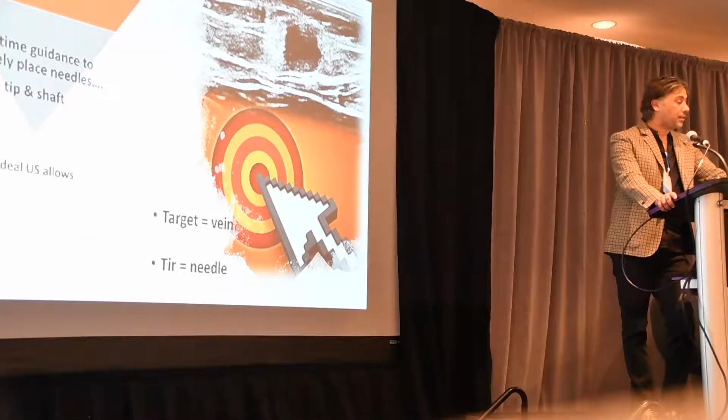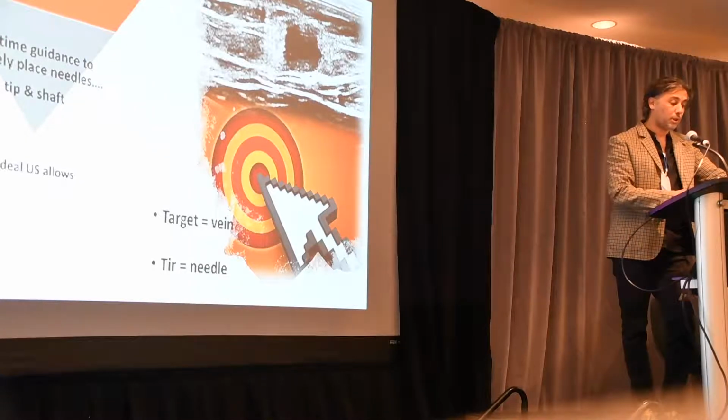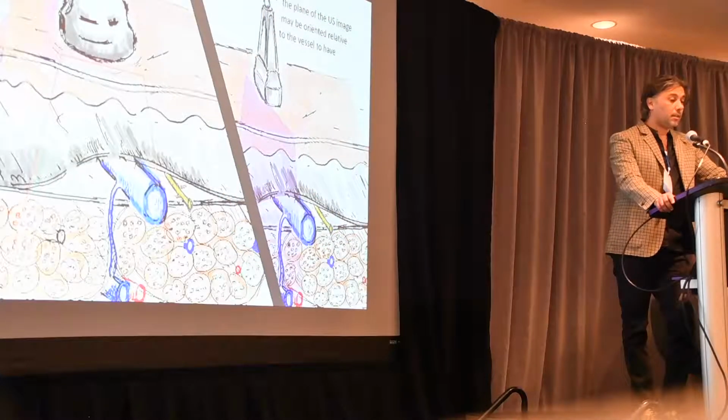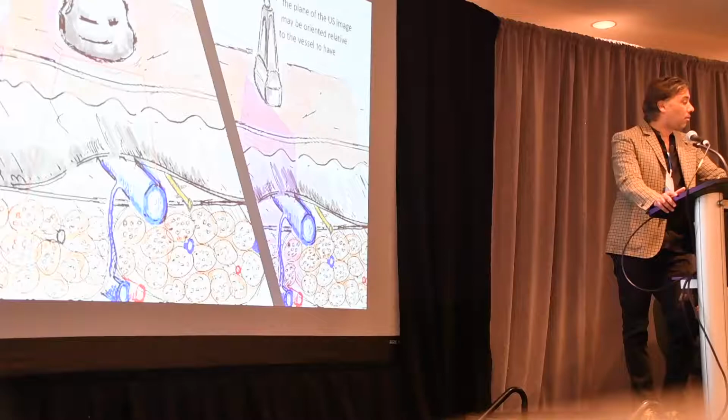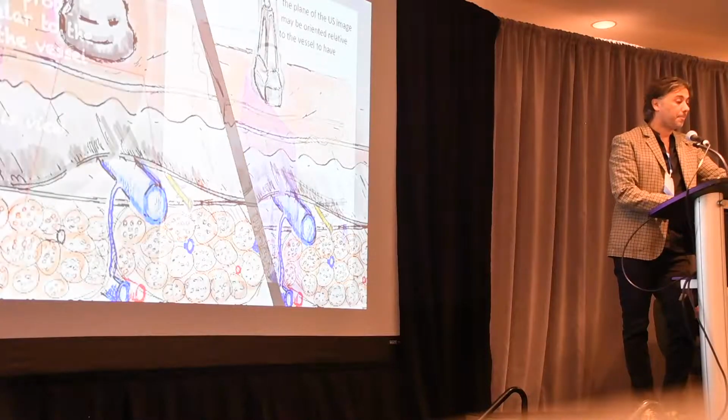The ideal ultrasound allows identification of the target vein and collateral structures, and real-time guidance to precisely place the needle shaft and tip. In B-mode imaging, the plane of the ultrasound image may be oriented relative to the vessel to have a transversal or longitudinal axis.